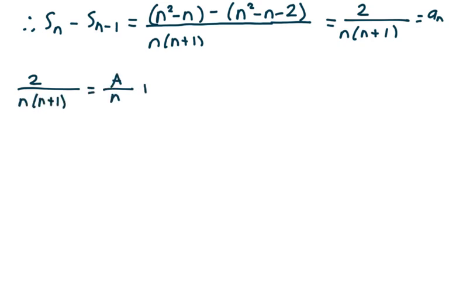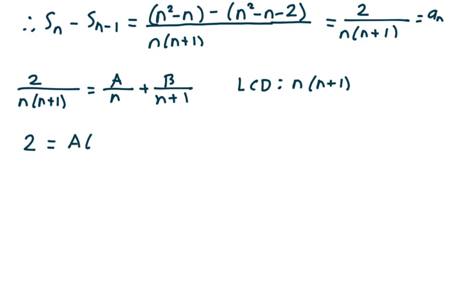This is a over n plus b over n plus 1. So I'm just going to use a little partial fraction decomposition, right? Now, the lowest common denominator here is n times n plus 1. So 2 is a times n plus 1 plus bn.